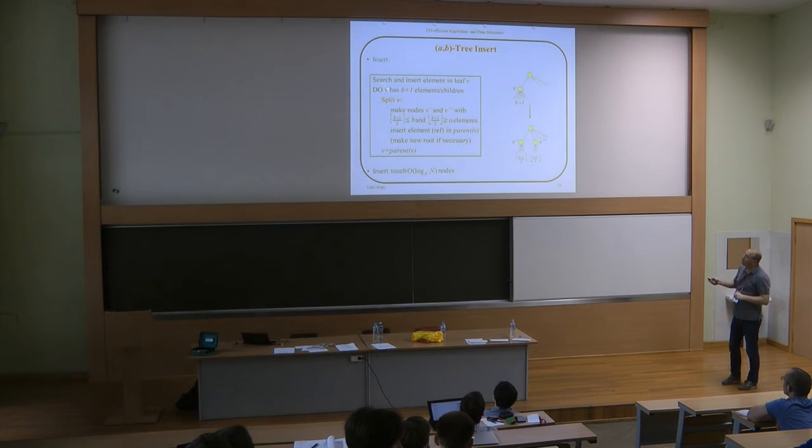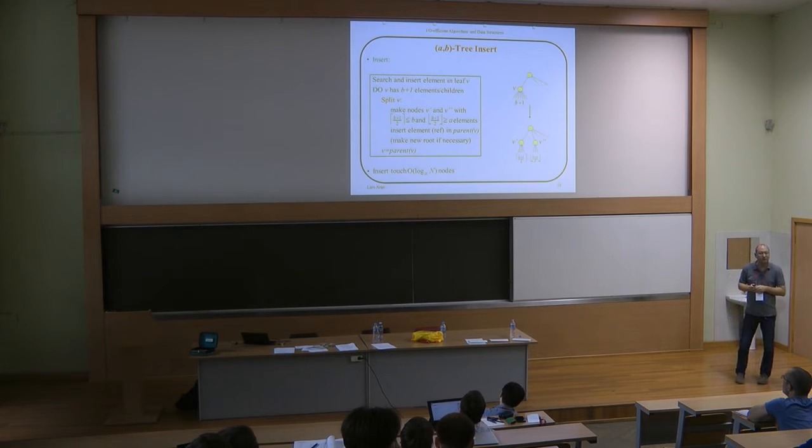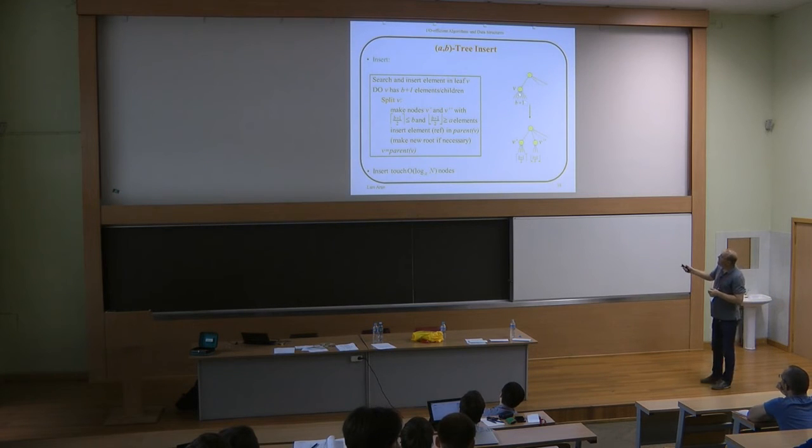So in general, as long as I have a problem, I have a leaf or an internal node with B plus 1 elements, so one too many, I can split it into two nodes with approximately half of the elements. Okay? So imagine you're standing now with a node, or it could be a leaf, with B plus 1 children or elements, you split it into 2 nodes with approximately half of the children or elements each. Yeah?